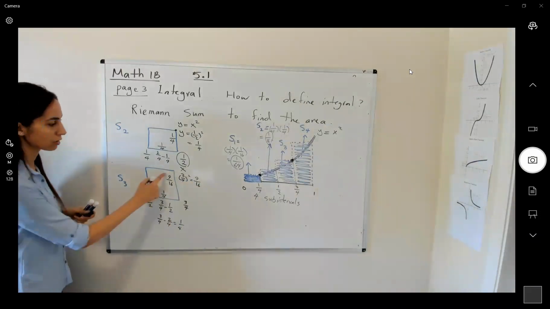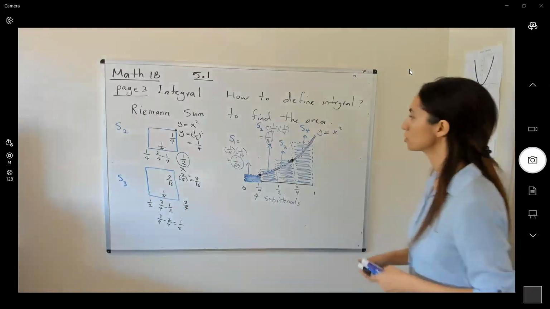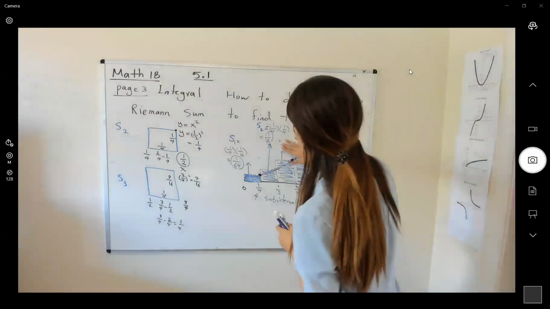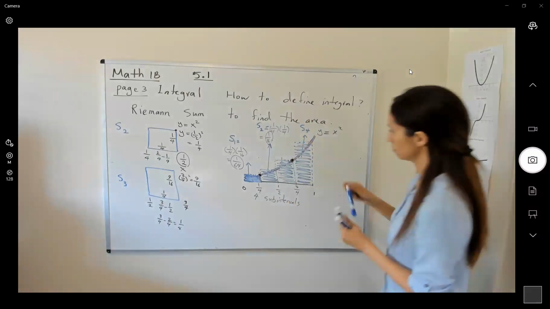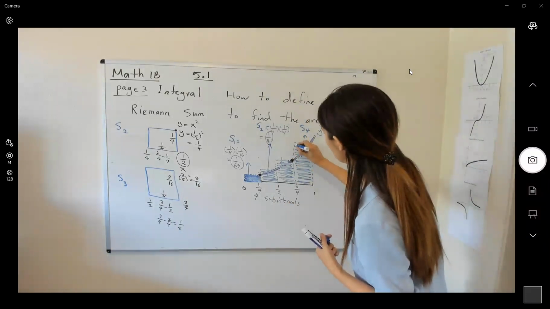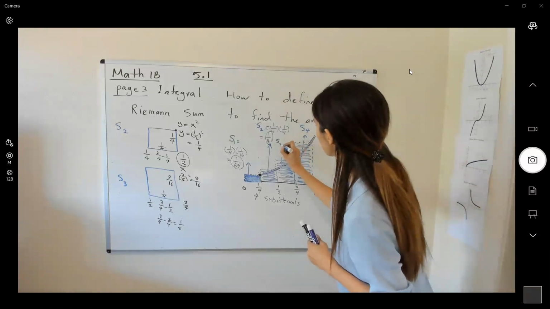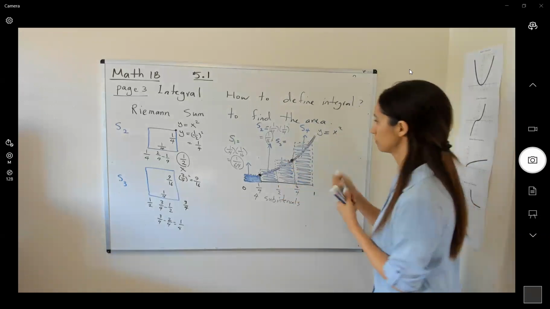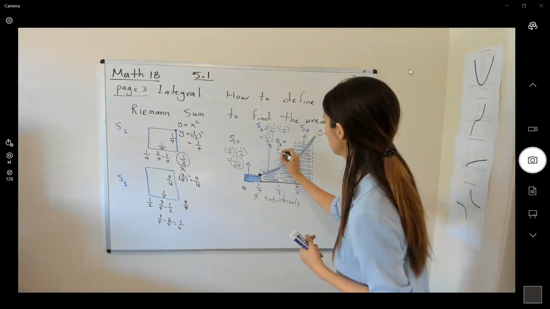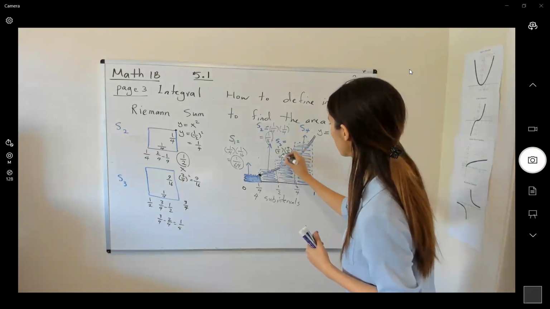And the area is 9 over 16 times 1/4. So S sub 3 is equal to 1/4 times 9 over 16 or 9 over 64.